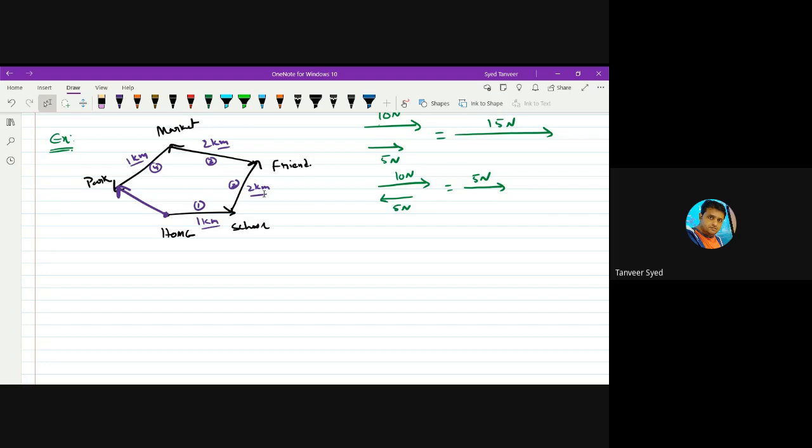When you understand the application of these vectors to those physical situations, you will get more clarity on these things.